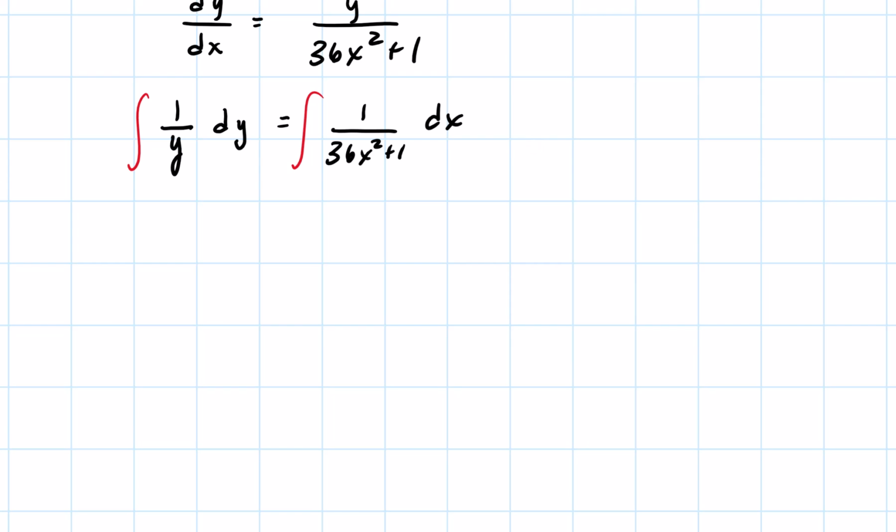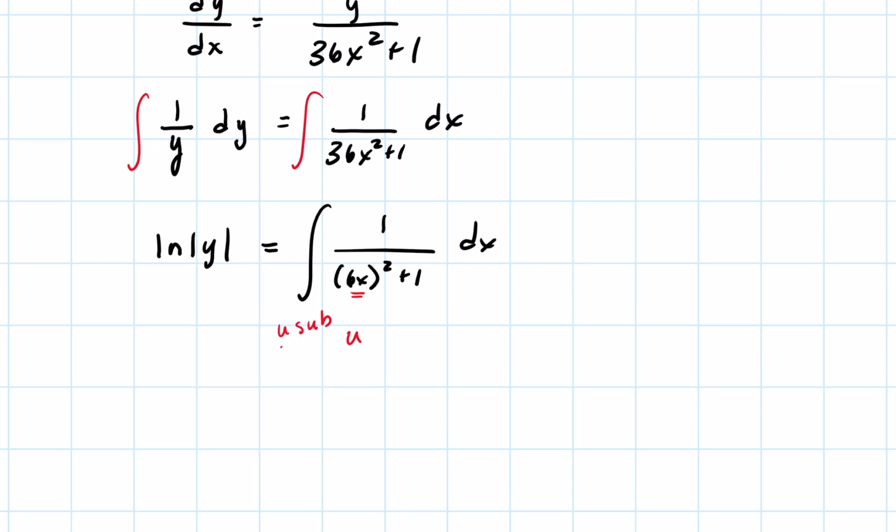So when I integrate, I get the natural log of the absolute value of y is equal to, now when I integrate this guy, I'm going to use some integration techniques, and I notice here that 36x squared is a perfect square. It's 6x quantity squared. So doing a little u substitution here to see what this is going to be, because this is in the form of inverse tangent, but let's do the u sub to adjust for that constant.